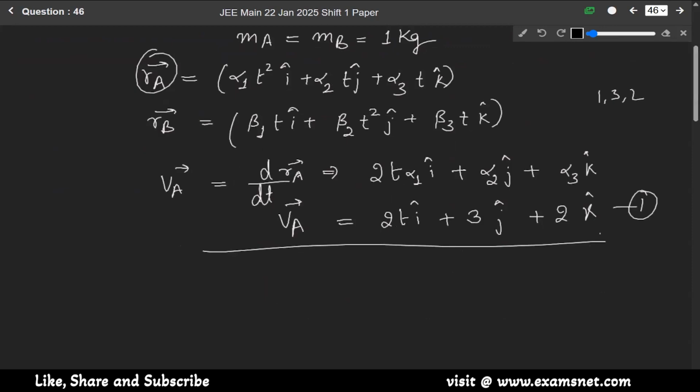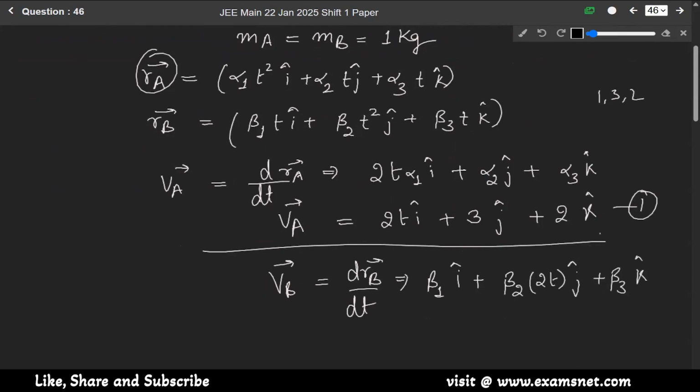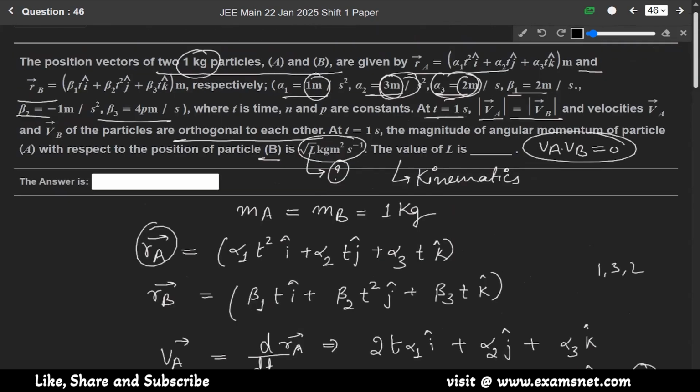And now velocity of B will be equals to d RB over dt. So it will be equals to beta 1 iota cap plus beta 2 2t j cap plus beta 3 k cap.